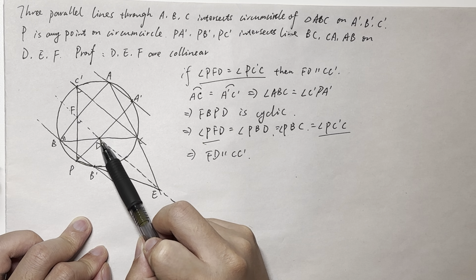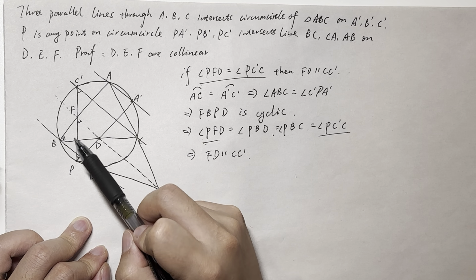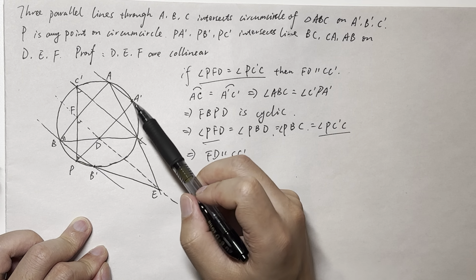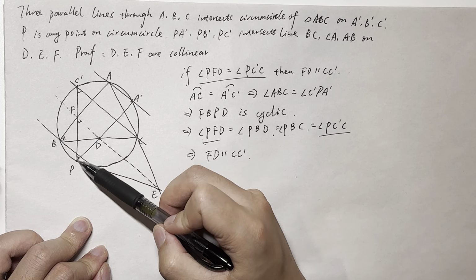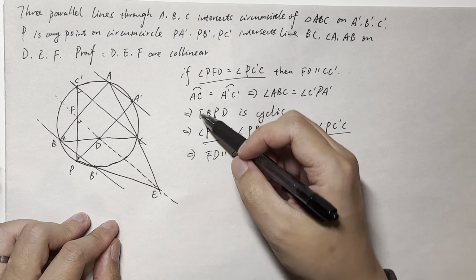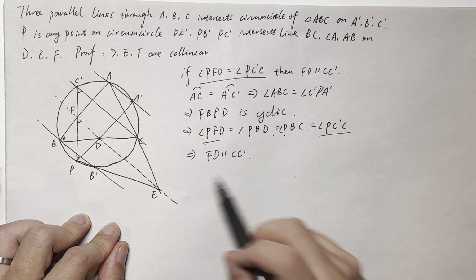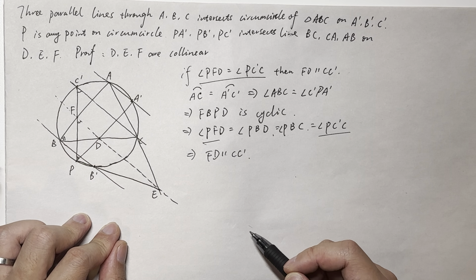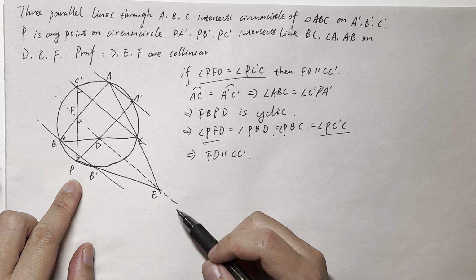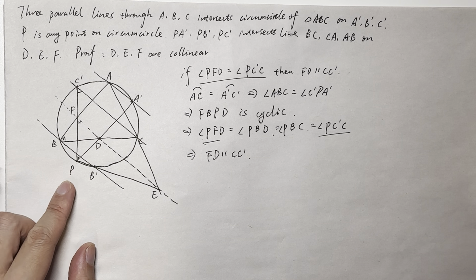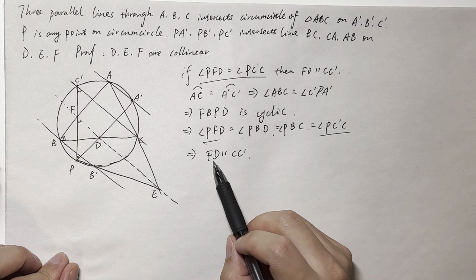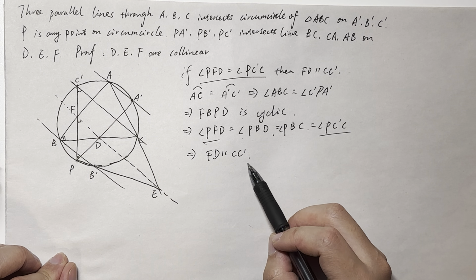To prove that PBFD is cyclic, we can just find another set of equal angles. So it looks very straightforward here, but it's not really straightforward. When you first deal with this problem, you need to think about it in reverse. Okay, now we have proved that FD is parallel to CC'.